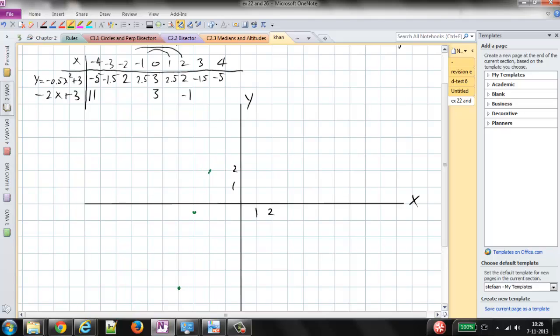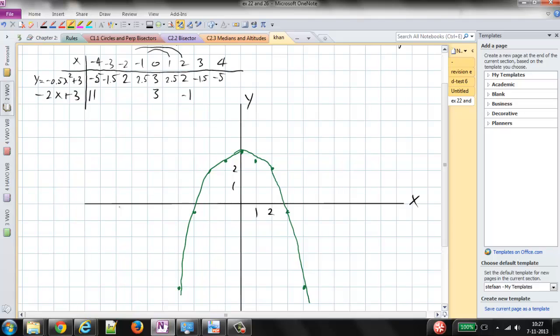Minus 1, 2.5, and then I've got 0, 3. Then I have my symmetry here, so I know the other ones are going to be symmetric, so that will be about here and here. And now I can draw my parabola, and I try to make it kind of curvy. Alright, that's not too bad.